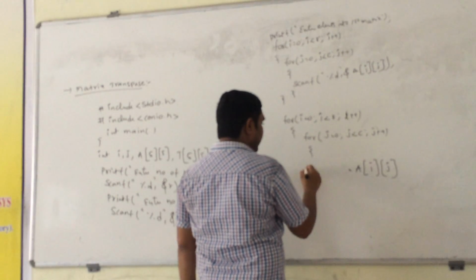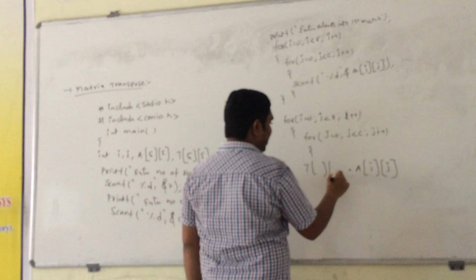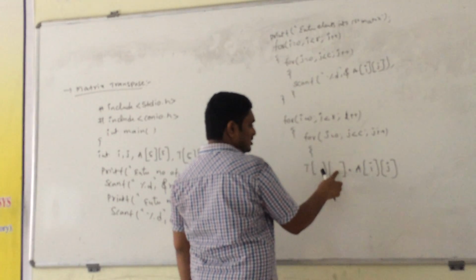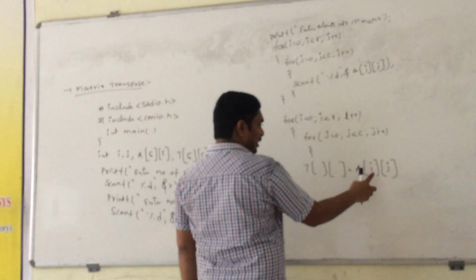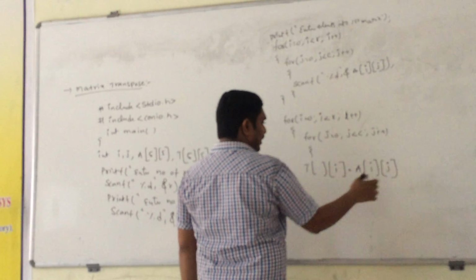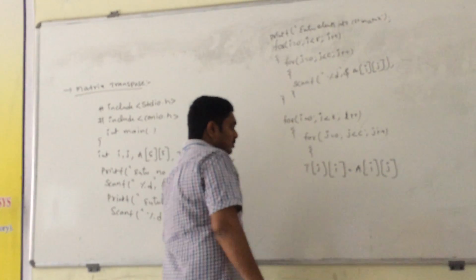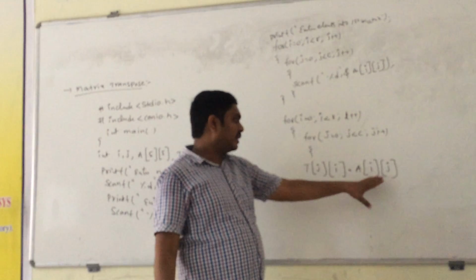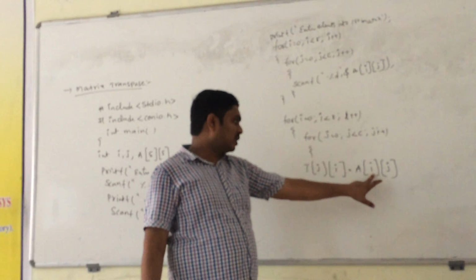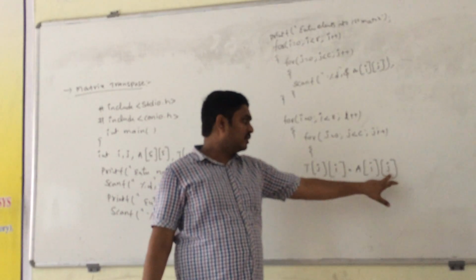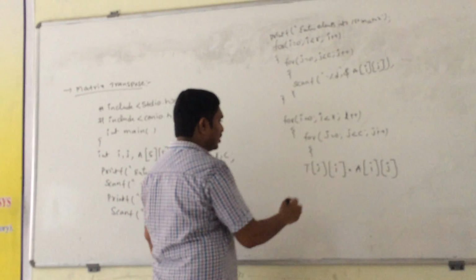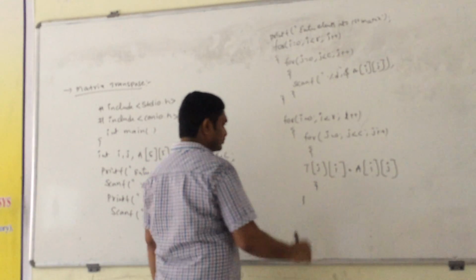These are stored in another matrix, that is the transpose matrix. Here we expect this is for rows and this is for columns, but the rows are converted into columns and the columns are converted into rows. That means T of ji equals A of ij. That means the rows are copied into columns and the columns are copied into rows. This is how the transpose matrix is performed.